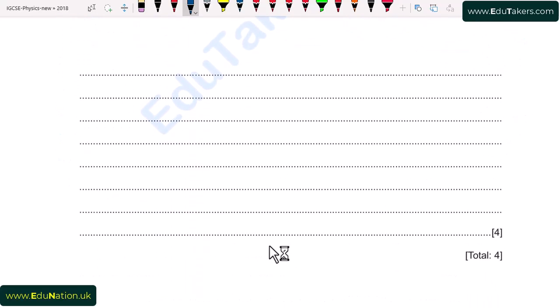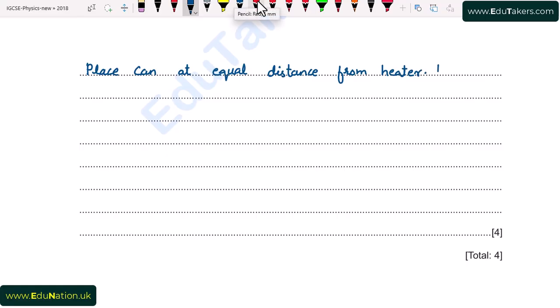Place cans at equal distance from heater. Fill cans with same amount of water.